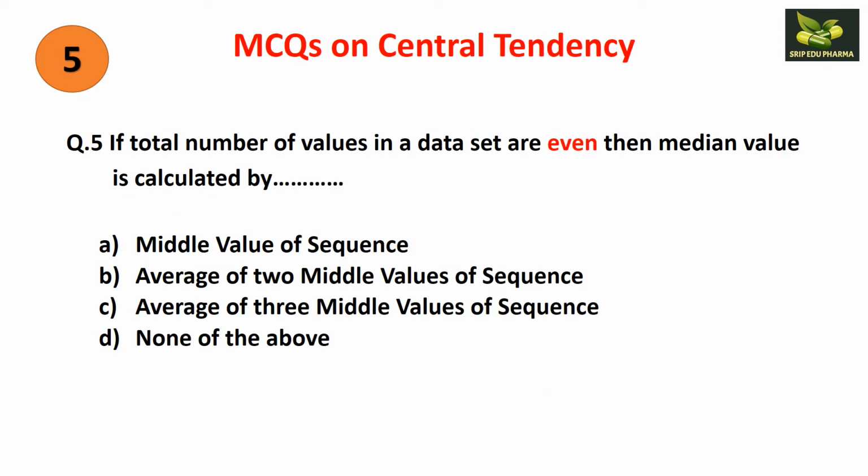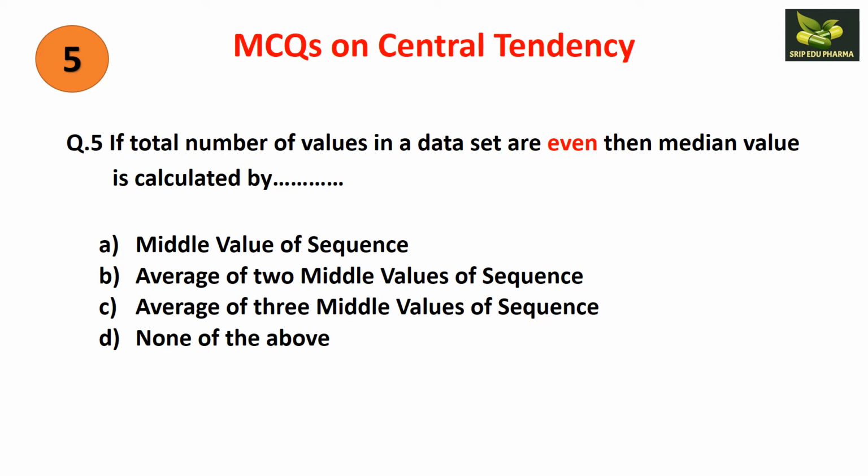Question number 5. If the total number of values in a data set is even, then the median value is calculated by A. Middle value of sequence, B. Average of two middle values of sequence, C. Average of three middle values of sequence, or D. None of the above. Sometimes we might get confused and say A, the middle value of sequence.